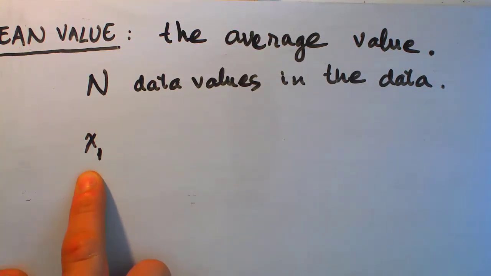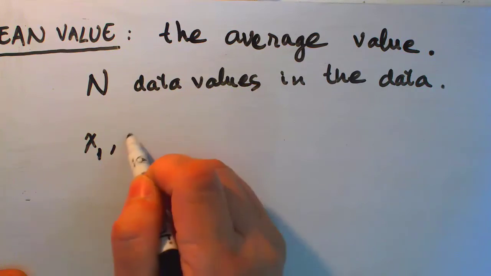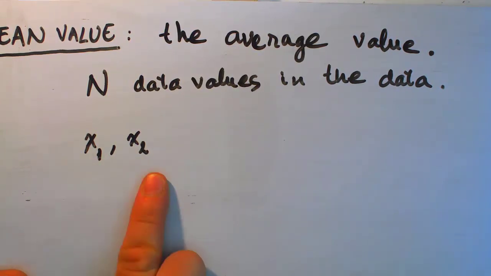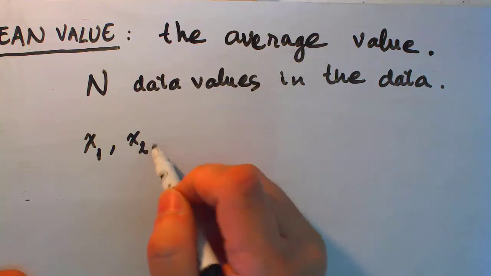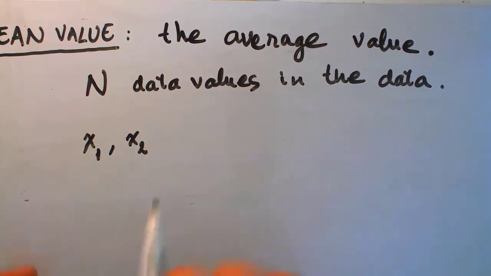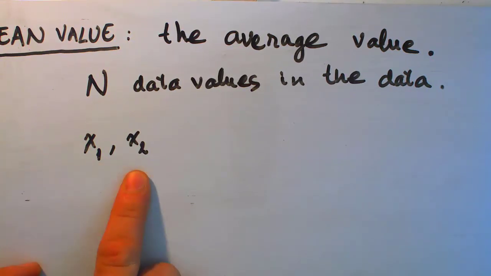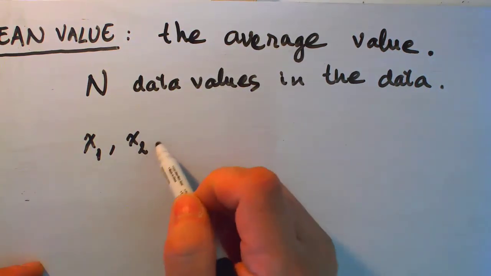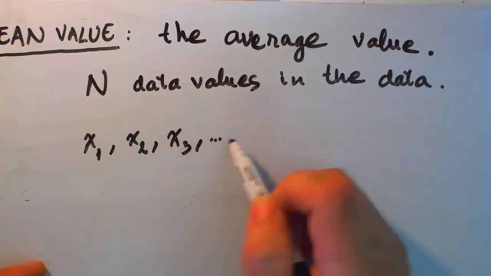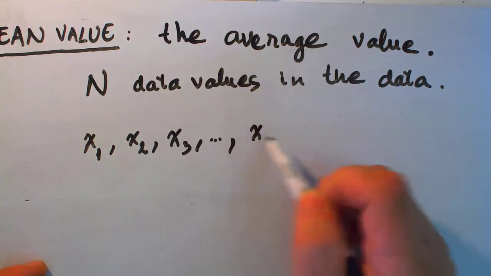So the first data value in your list is x1, x2 is gonna represent the second data value. I'm not saying that these two are the same or that they have to be different. They could be the same. They just simply represent one physical value that sits in your data. So x1 is the first value, x2 is the second value, and then x3 and so on. So the last data value is x of n.